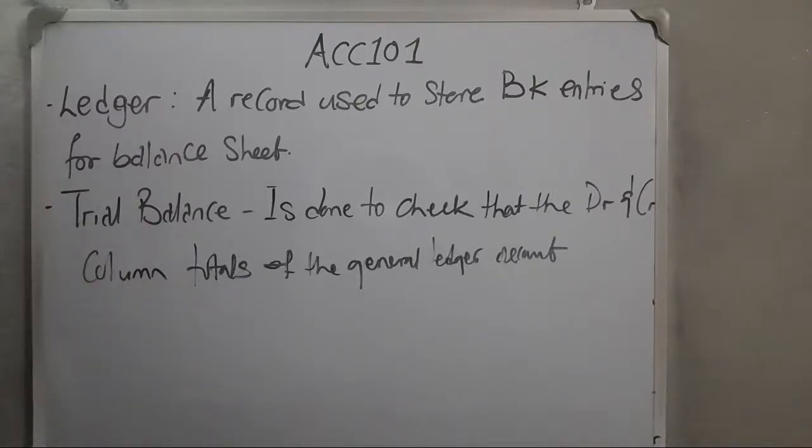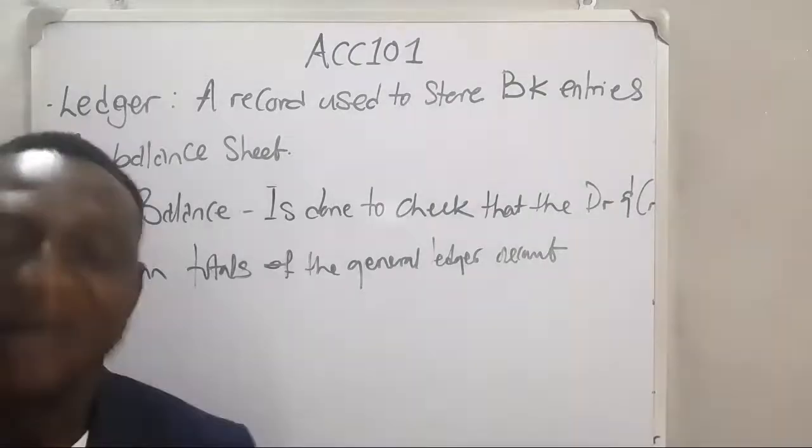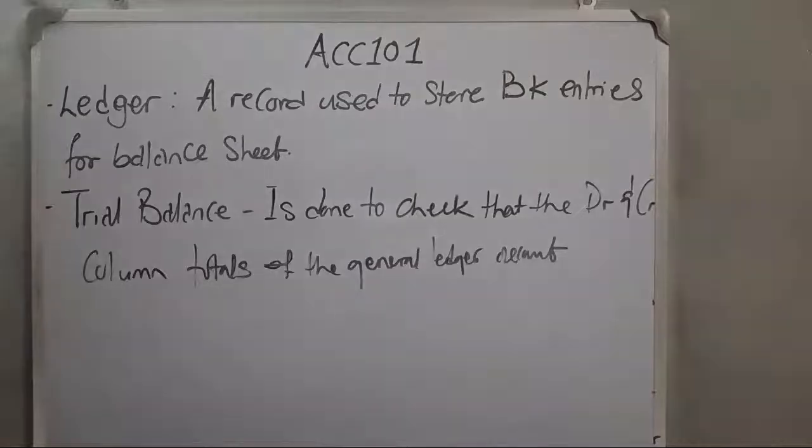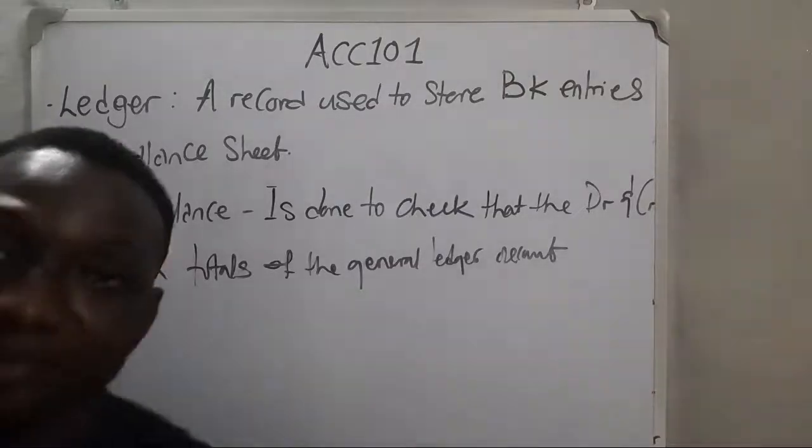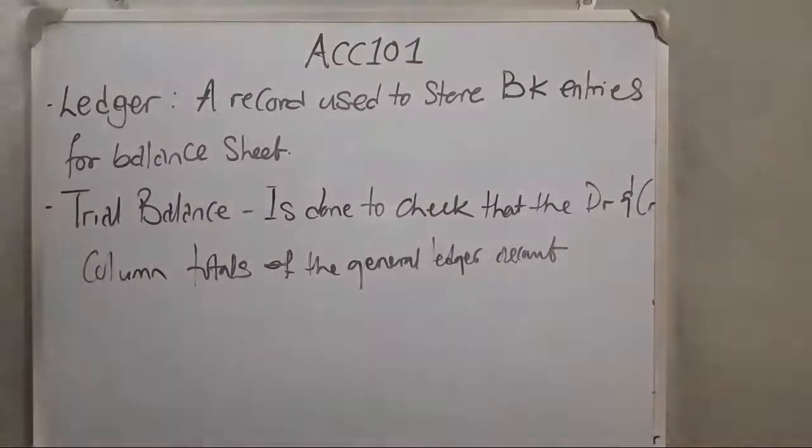Okay, now let's proceed. According to what we have in the material, we've spoken about source documents. Now, it is said here in the material that there are two main methods of bookkeeping.